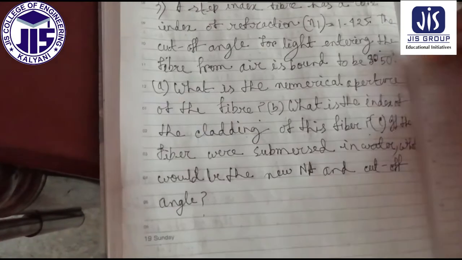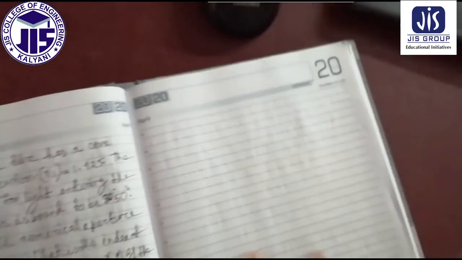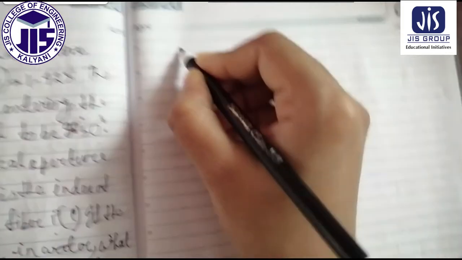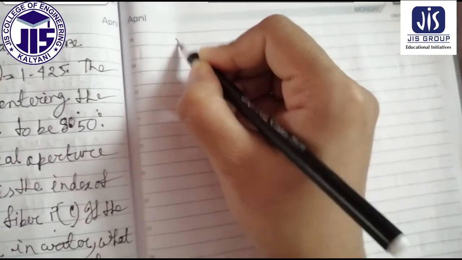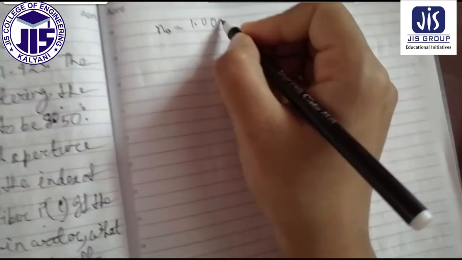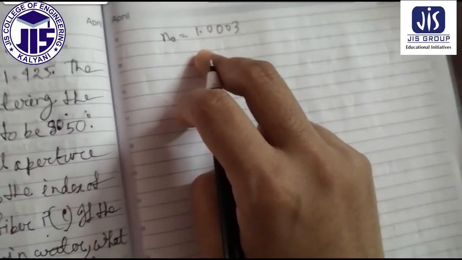So what you first have to do is note down that n0 equal to 1.0003. That means you can consider it also as 1, there is no problem.